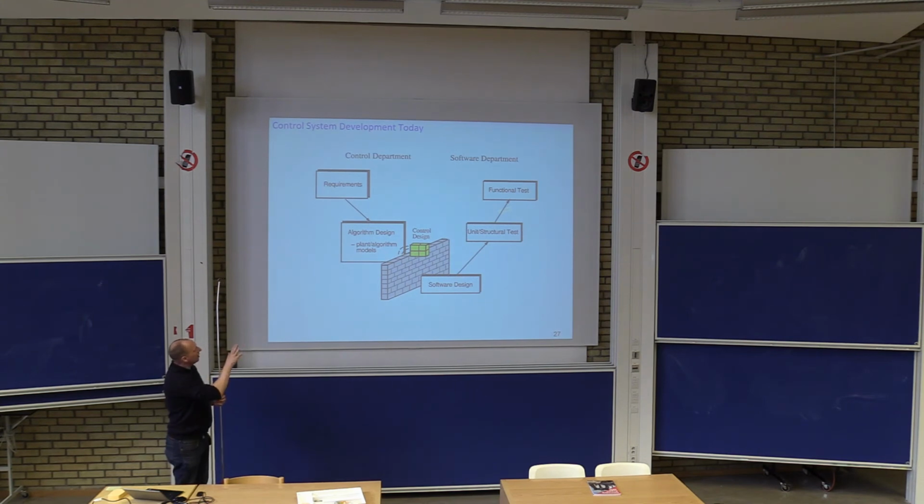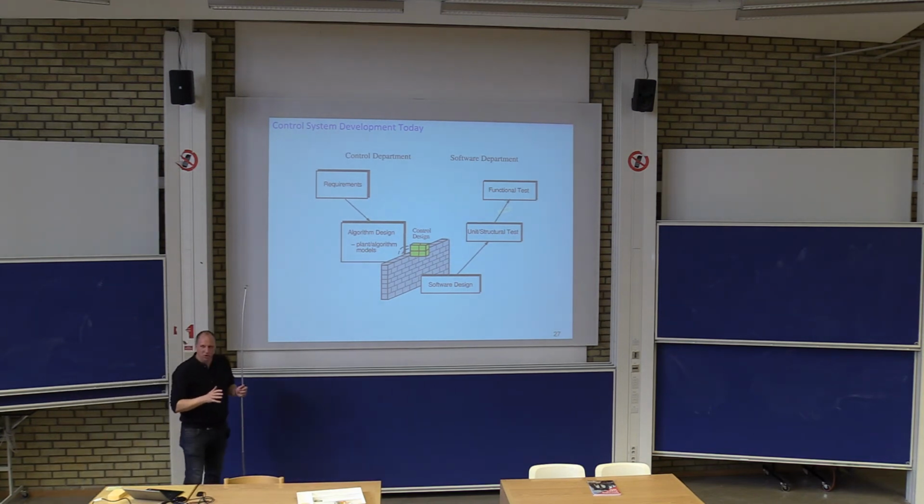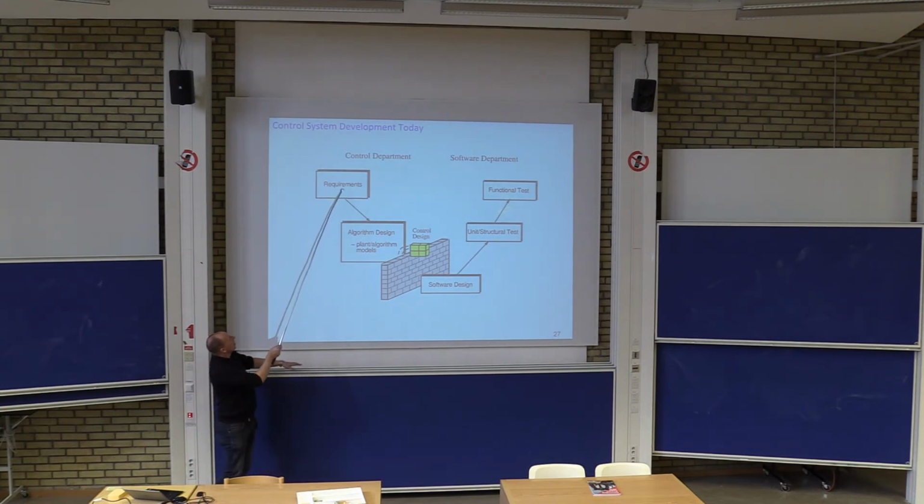So I would say that this was actually the case if you go back 10 years. With the tools becoming more fancy, and you can do code generation and so on, the control guys actually have a larger and larger responsibility also for the software design.